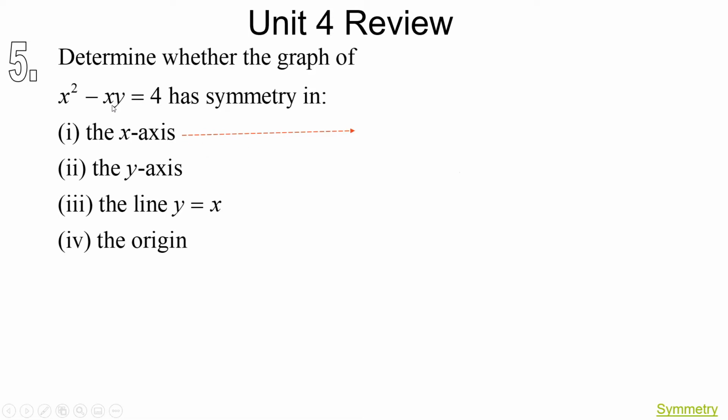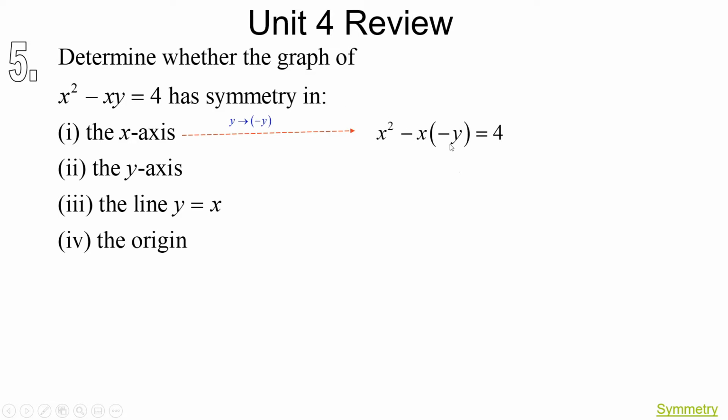That means if I change this y to the opposite of y, so every y in the relation goes to the opposite of y. If I do that substitution and I simplify and get exactly the same equation right here, then I would have symmetry in the x-axis. So let's do that. So this y right here now becomes the opposite of y.